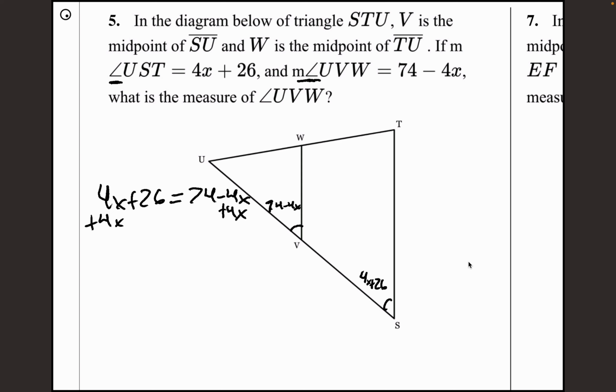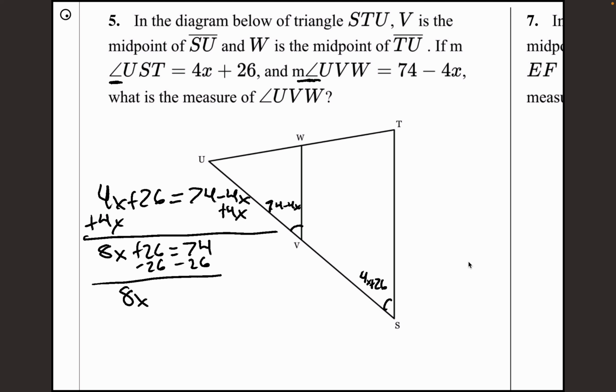So that gives me 8x plus 26 equals 74. Now what do I have to do? Subtract 26 on each side. What's 74 minus 26? 48. Now I do what? Divide by 8 on both sides, and x equals 6.